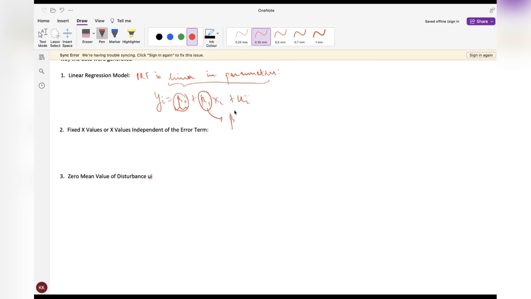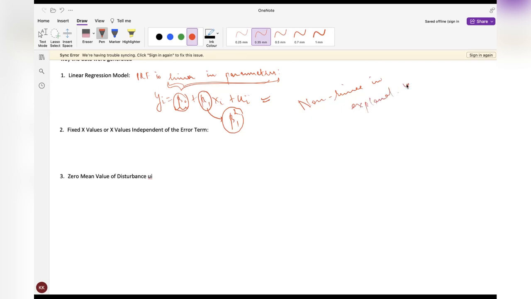We can't have a beta 1 squared, because then the function would be quadratic in parameters. But we can have a function which is linear in parameters and non-linear in explanatory variables.